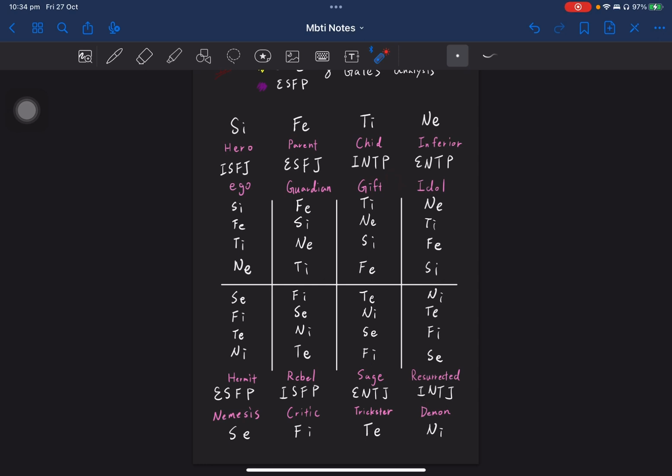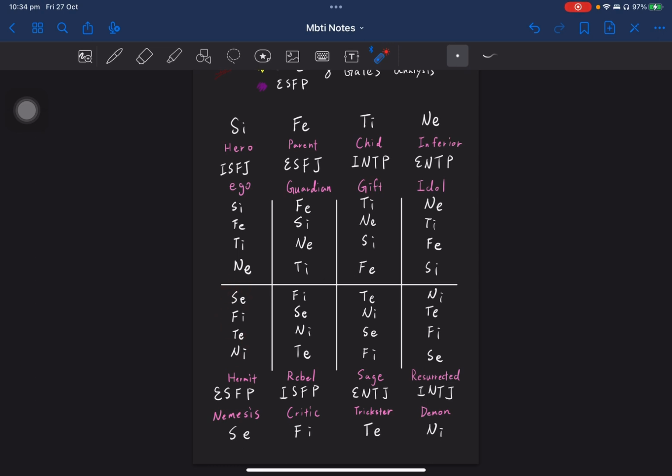And okay, so where were we? I guess we talked about these ones already, so now we come here. This one is called the shadow because it is the other four.